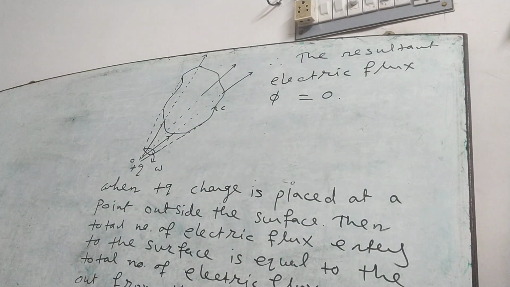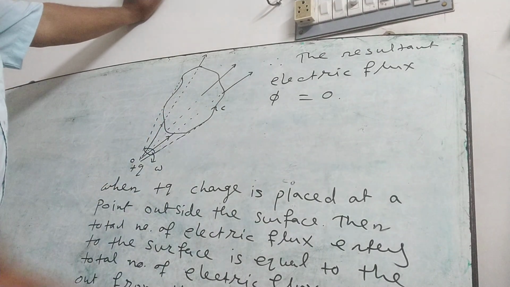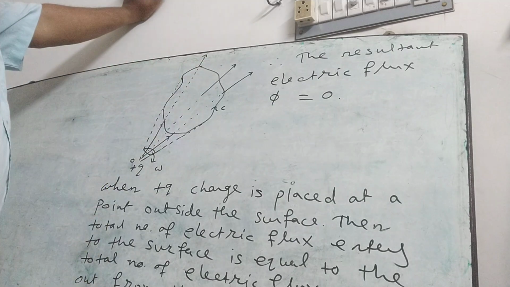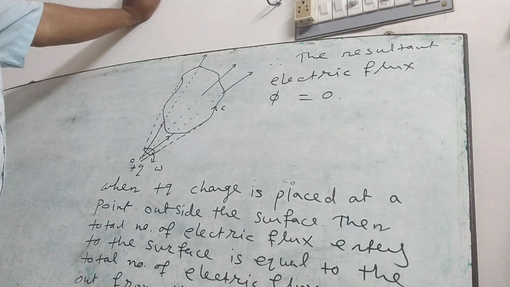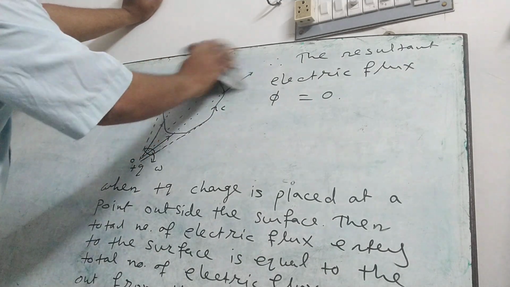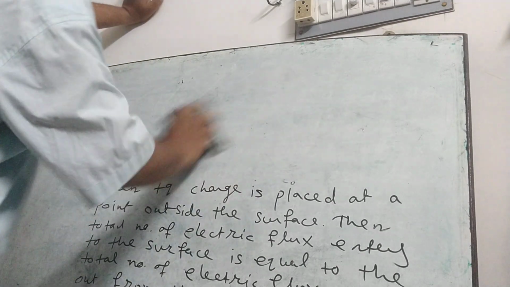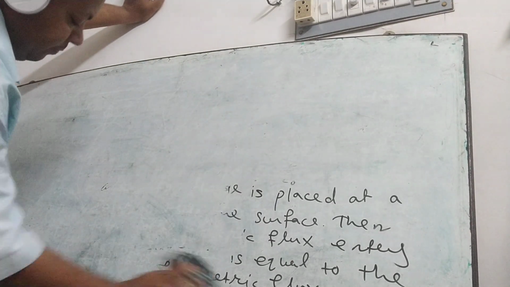And again, if a surface contains more than one charge, then the charge q is equal to the algebraic sum of the charges.